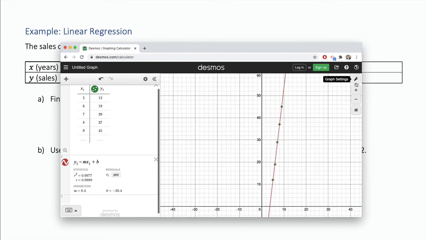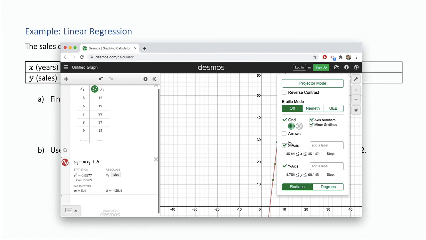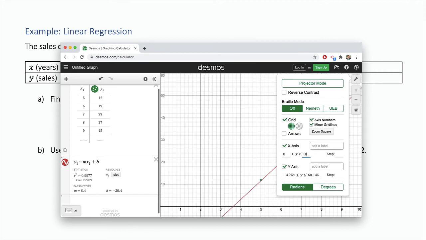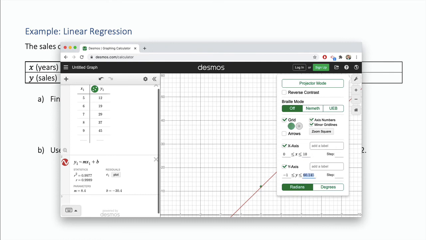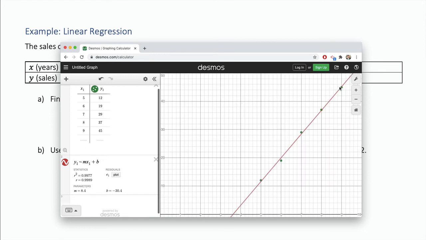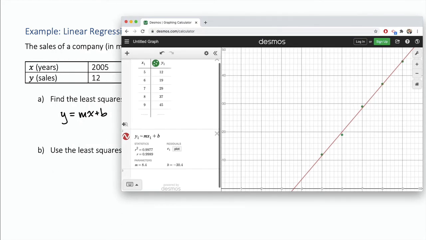Now I'm going to change my window just so it's a little easier to see: x from 0 to 10, and our y values from -1 to 50. That'll give us a clear picture of this. We've got our different points, and you can see that the points don't fit perfectly on the line, but we found a line that is pretty close. So this is the least squares regression line.